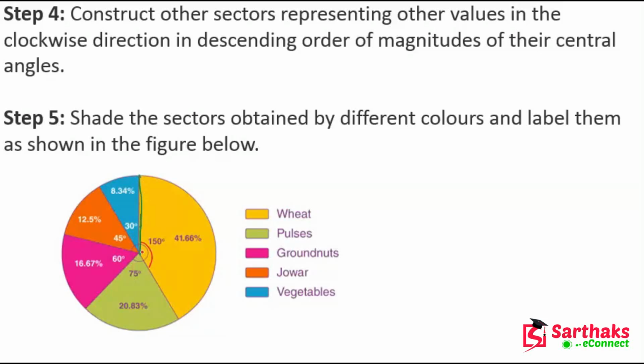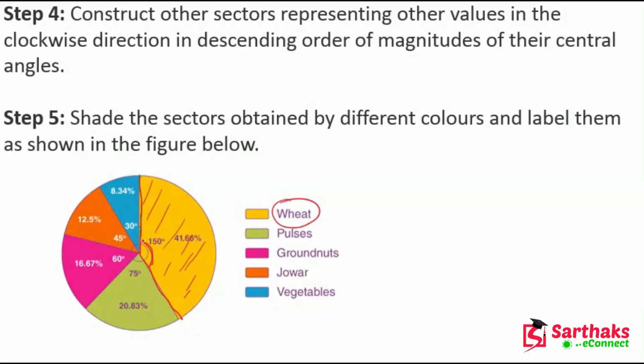Okay, with the help of this vertical radius and a protractor, we can draw the 150 degree angle. So we make this. This sector represents the wheat, which is the largest angle.